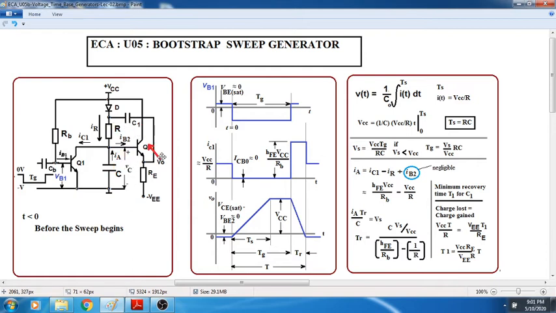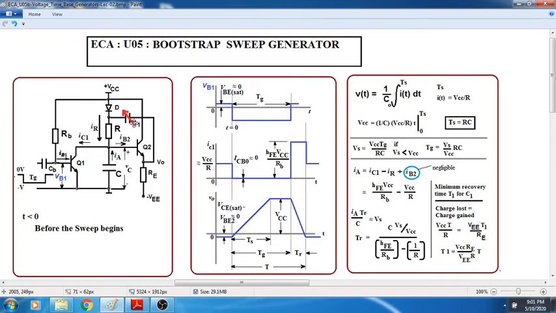So the capacitor will charge in such a way that the voltage across C1 will be almost equal to VCC. Why are we saying it is almost equal to VCC? Because even if you take a practical real value, this is VCC, this is a diode drop. So VCC minus the diode drop will be the voltage here, and at the other end it is almost equal to 0.